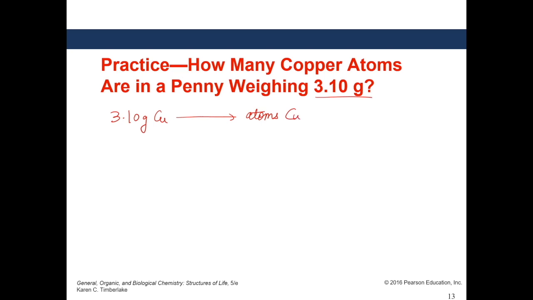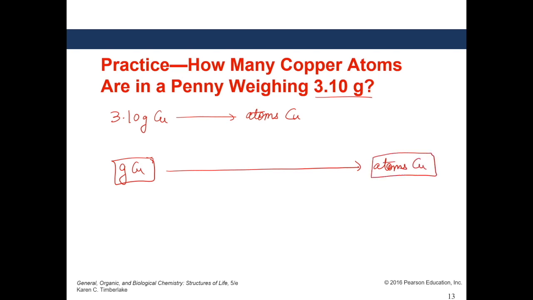Do we have a direct relationship? Let's make our solution map, going from grams of copper to number of atoms of copper. Do we have a direct conversion factor that relates grams to number of atoms? No. We have a conversion factor in the middle, which will help us go from grams of copper to moles of copper.